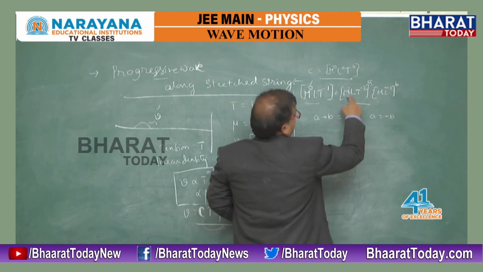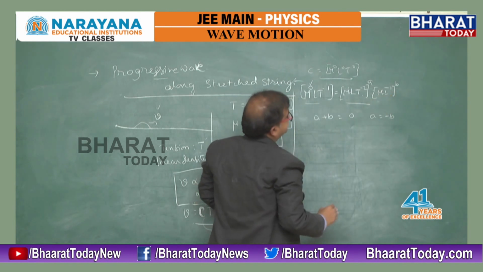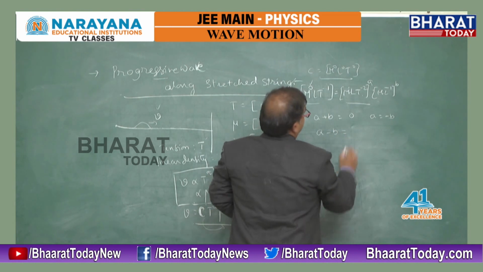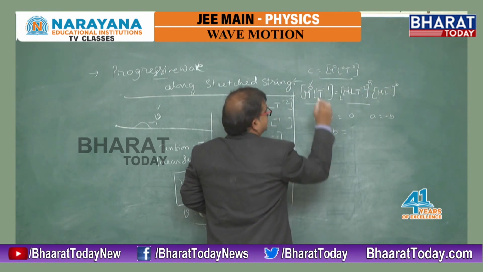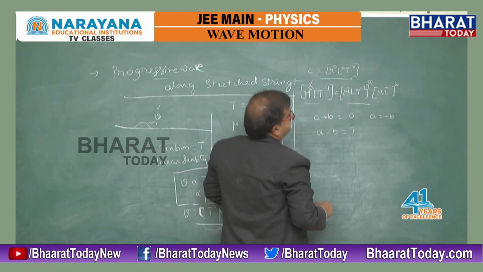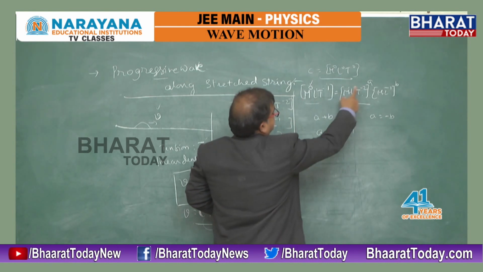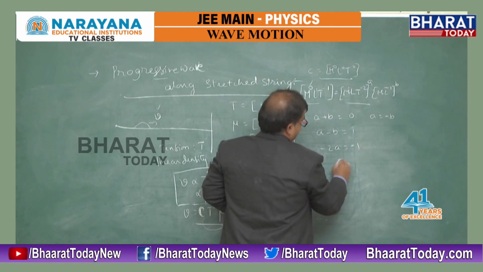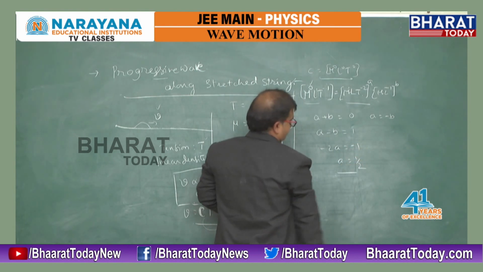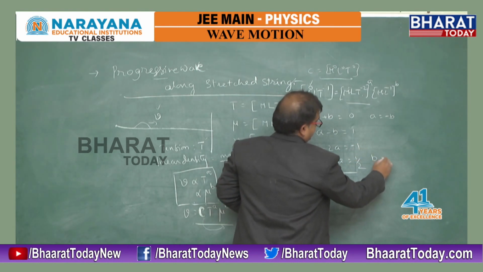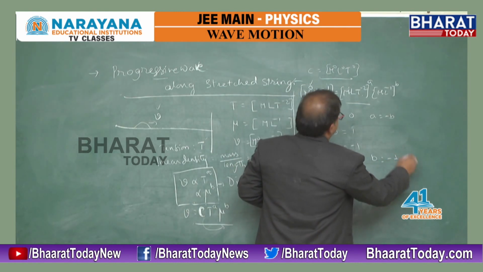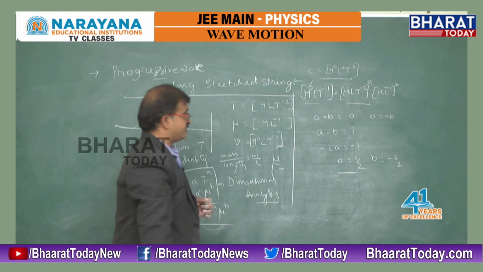Then for L, power a minus b equals 1, and for T, minus 2a equals minus 1. So a equals 1 by 2, and b equals minus 1 by 2.